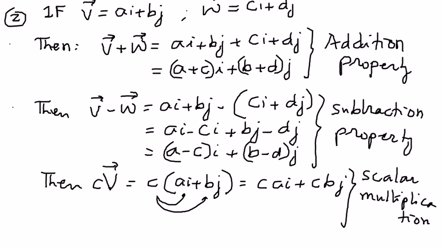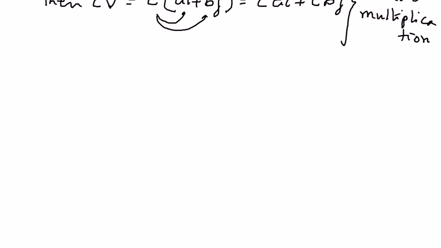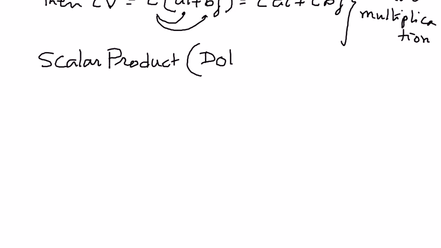The next property we want to look at is the scalar product or dot product. Let us see how that product is going to look like. Let me write that here. Scalar product, also sometimes called the dot product.